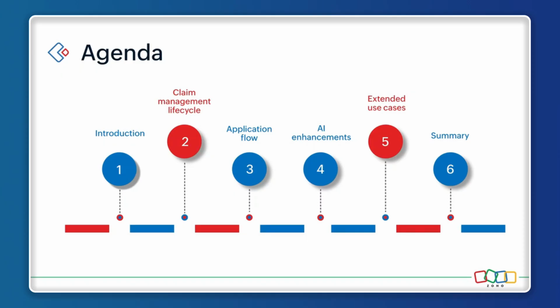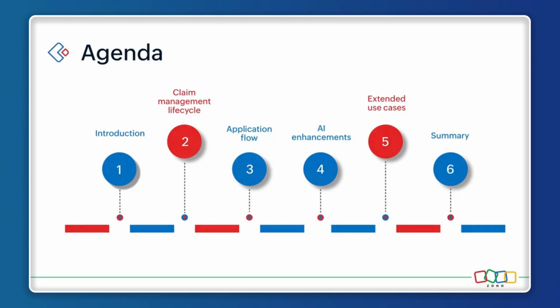Since it's going to be AI enhanced insurance claim management, we will also give you an overview of the AI enhancements made in it. And finally, we will discuss some extended use cases, and we will conclude the session by summarizing it. This is the agenda for this session.